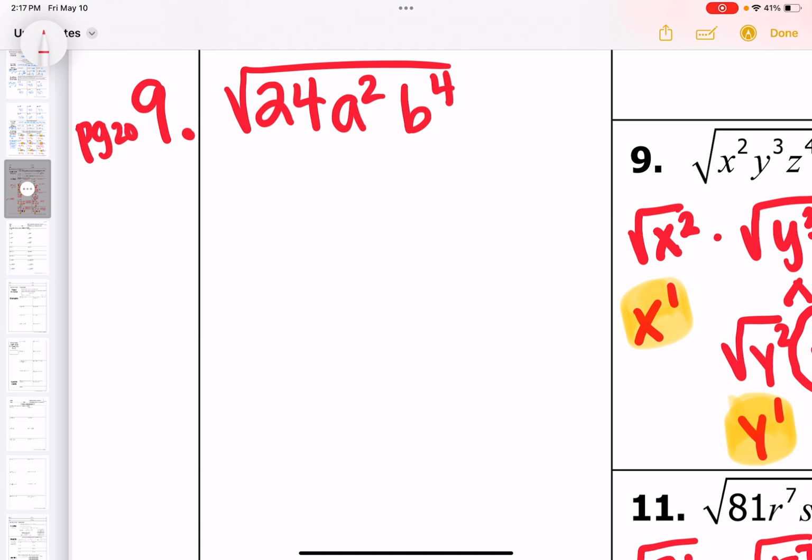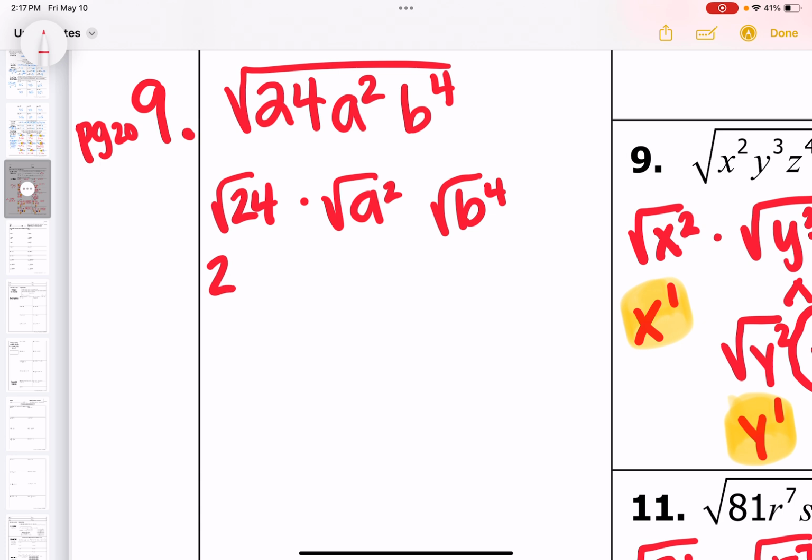All right, so the first thing we have to do here is break it all up. So square root of 24, square root of a squared, square root of b to the 4th. All right, so I'm going to take the square root of 24, and that gives me 2 square root 6. I take the square root of a squared, so it's an even number, so I divide it by 2, and I get a 1.